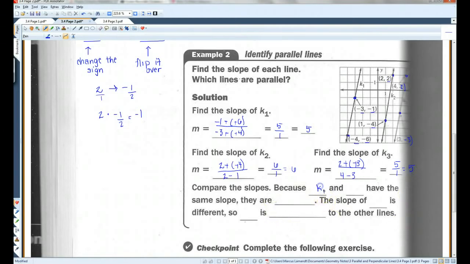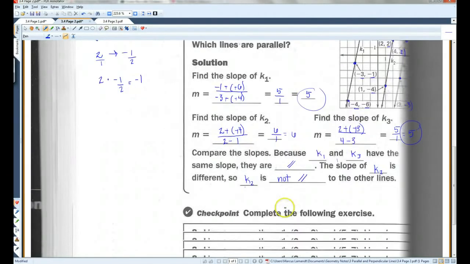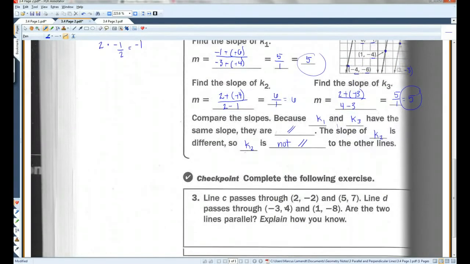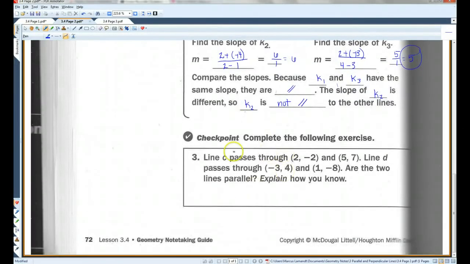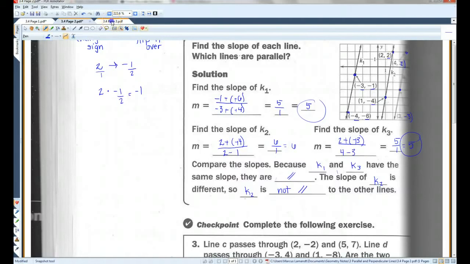Because K1 and K3 have the same slope. Notice that this is 5 and this is 5. They are parallel. The slope of K2 is different. So K2 is not parallel to the other lines. Okay? Alright, I'll let you guys do this one. Let's go on to page 3.